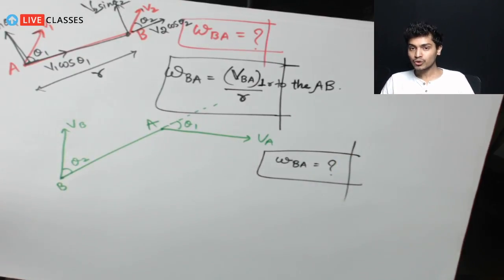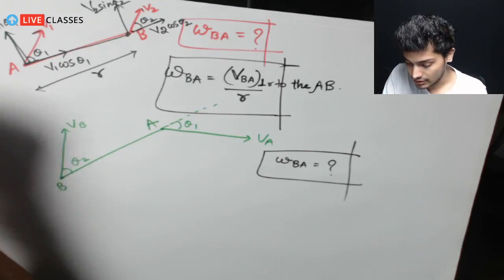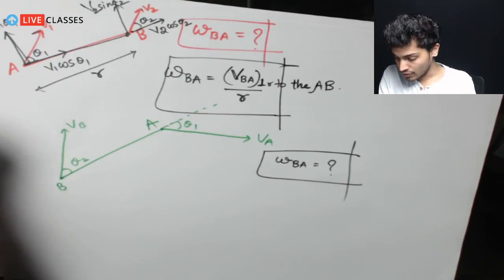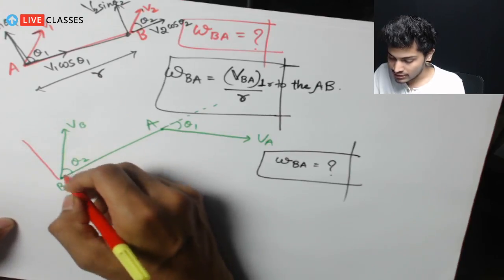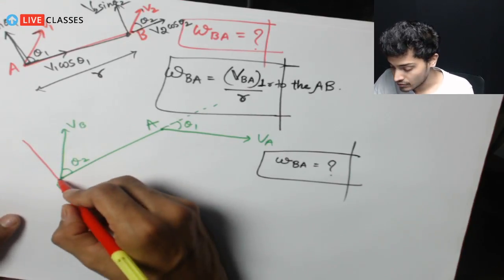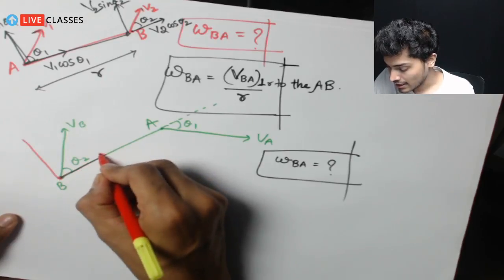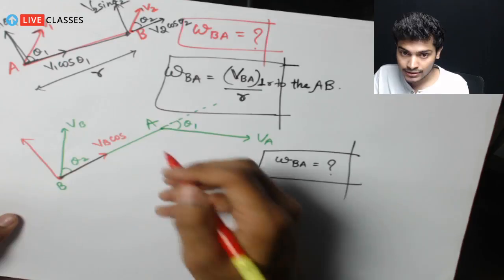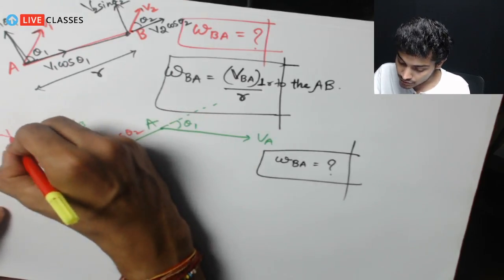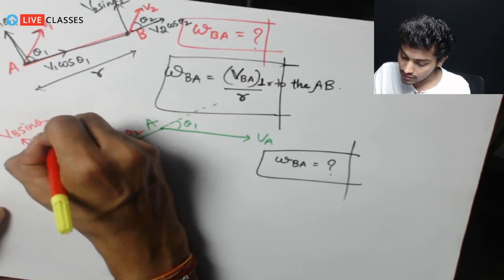So we have to just follow these steps just as we have just learned. You resolve the components along the perpendicular to the line joining their centers, and second one along the line joining them. So here it will be VB cos theta 2, and here it will be VB sin theta 2.